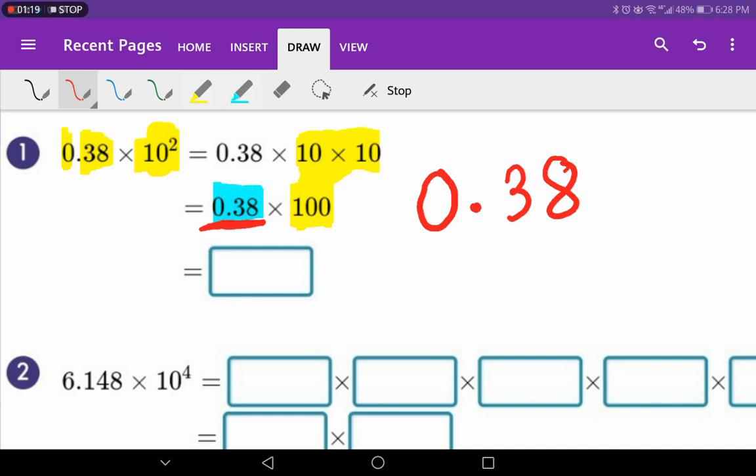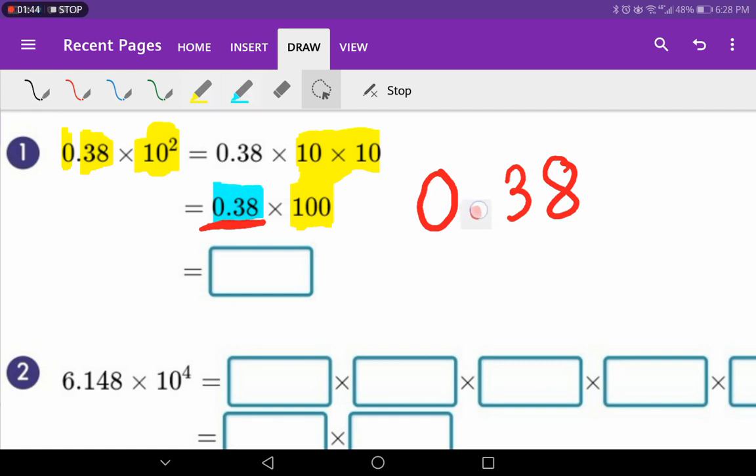Multiplying by 100, 10, or 1000 means you have to move the decimal point. If you move it to the left, you make the number smaller or less. But if you move it to the right side, you make it bigger.